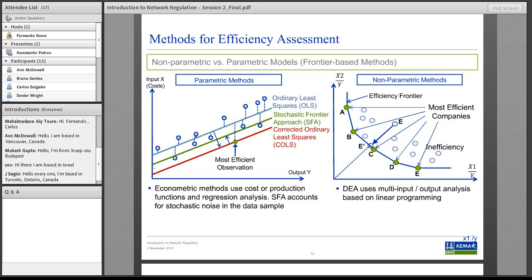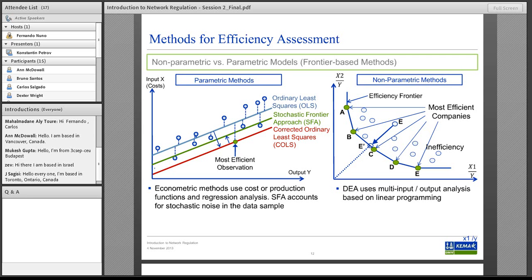Starting with the so-called parametric models, you can see here on one simple diagram, input X on the vertical and output Y on the horizontal axis. Then you can see several companies plotted on this diagram, and you can see the blue line, in this case called ordinary least squares, or OLS line, which is crossing just the dotted points. And this line is a mathematical line. It's actually a result of simple regression analysis. It is a result of an optimization process.